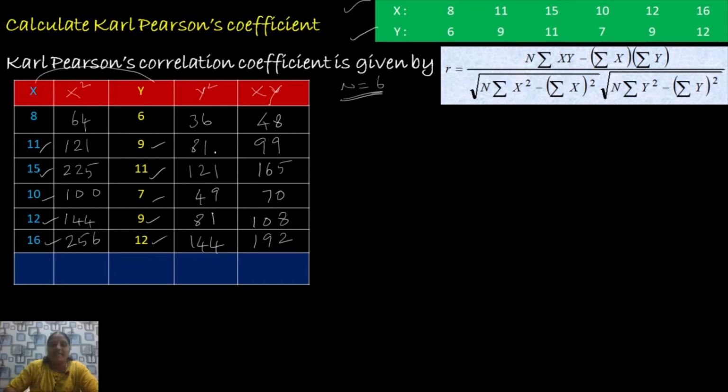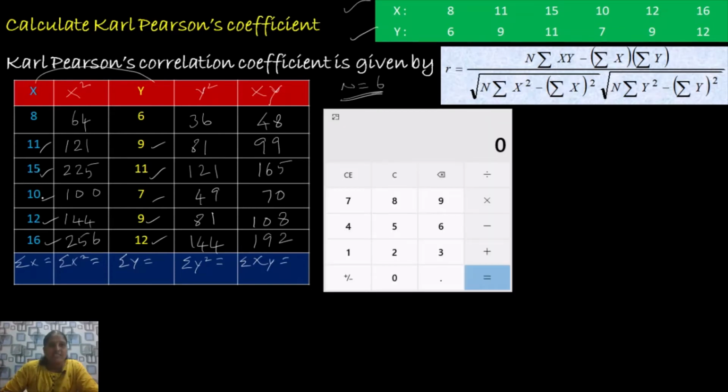Now let me add all these values to get the values of sigma x square, sigma y square and sigma xy. After calculating all these values and substituting in the formula, we get Karl Pearson's correlation coefficient.